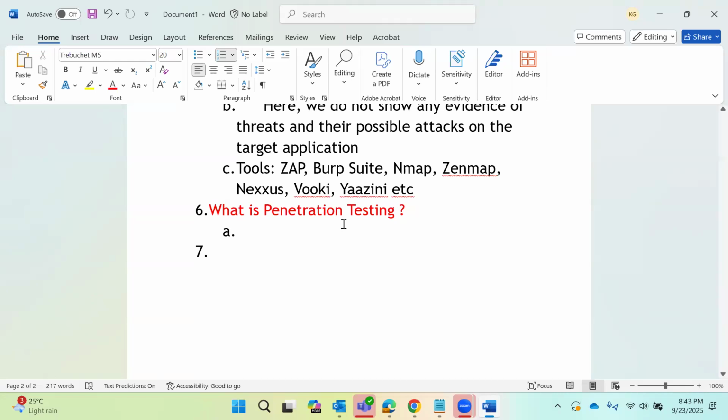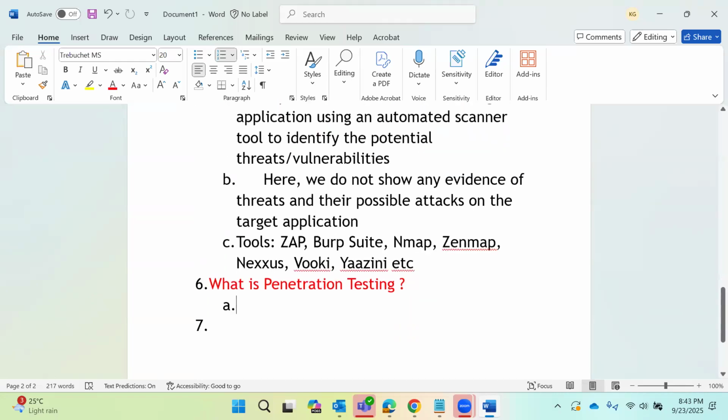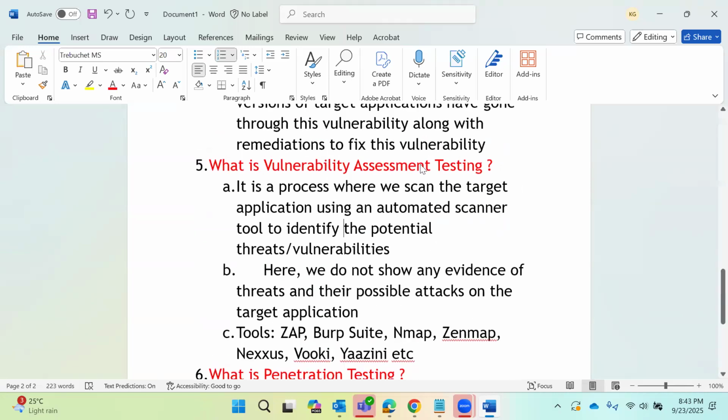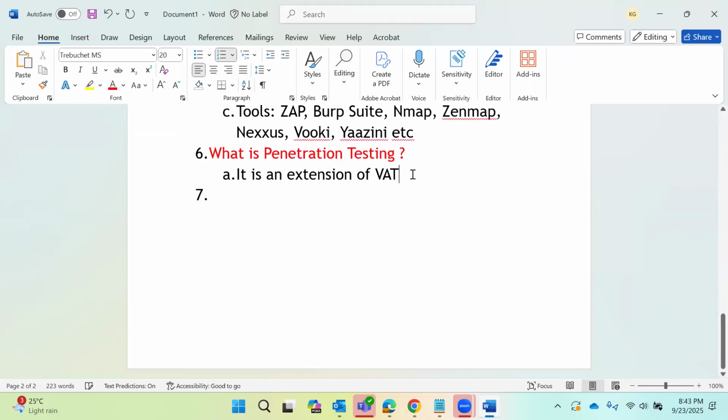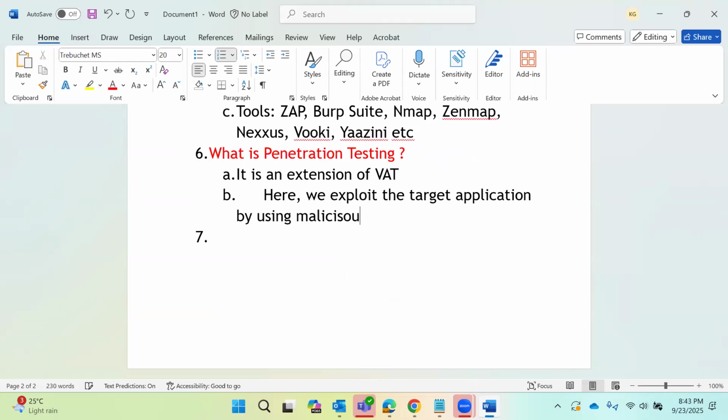So what is PT? It is an extension of VAT. What is VAT? Vulnerability assessment testing. Okay, VAT, I'll use the word. So it is an extension of VAT. Here, we exploit the target application by using malicious payloads.